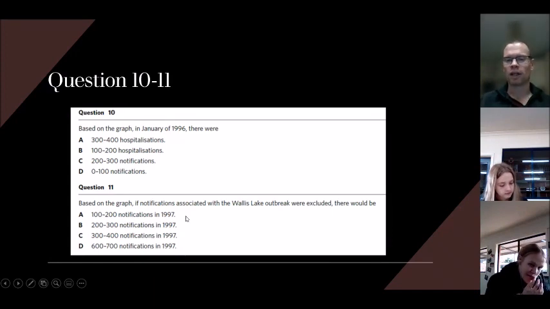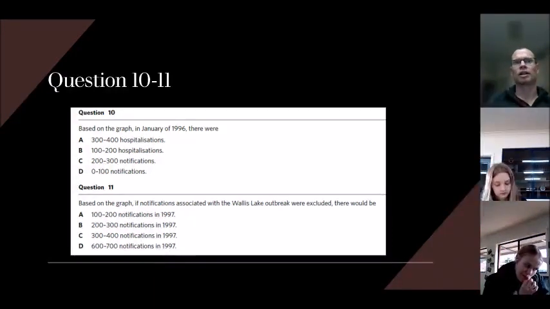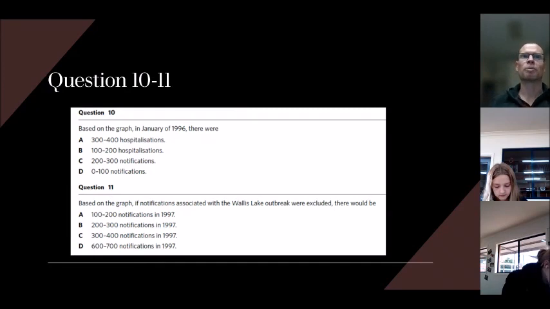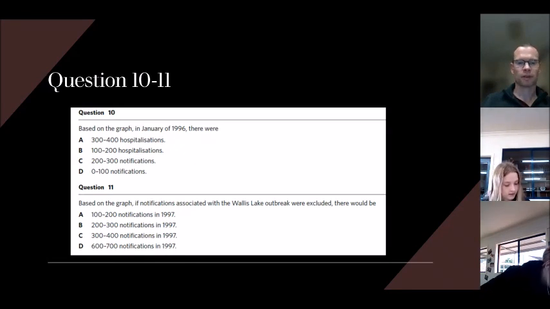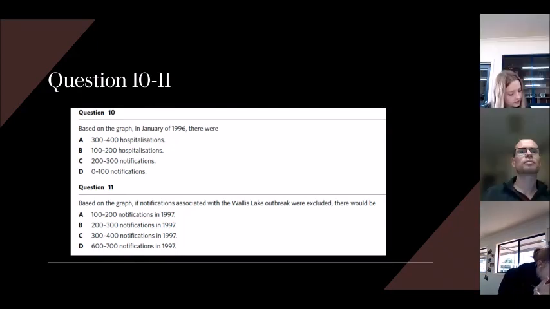This is purely just about your ability to read and interpret and understand data. That's pretty much all these questions are. So based on the graph, in January of 96, there were how many hospitalizations? I need to have a look myself. Like 50. Yeah, ish. You're looking at the options.